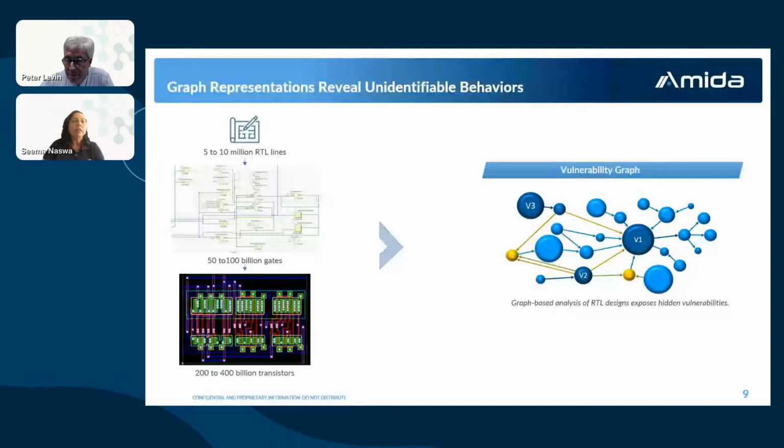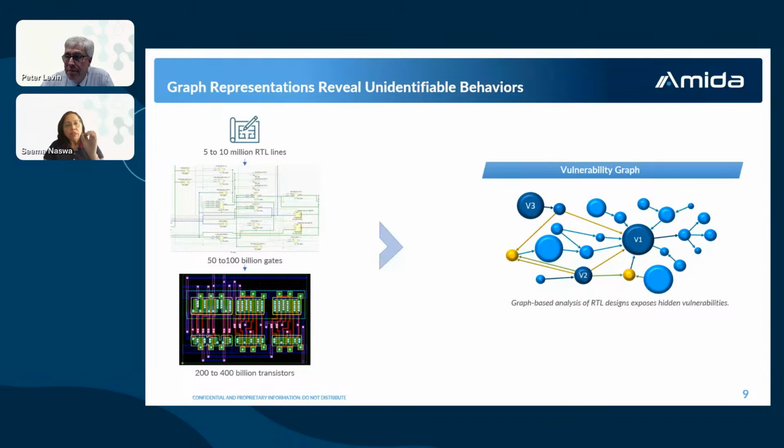It describes the hardware behavior. So it's compiled or synthesized into tens of billions of logic gates, which are further mapped into hundreds of billions of transistors that comprise the chip, which will go and sit in your phone or other appliances practically everywhere, like Peter was telling.